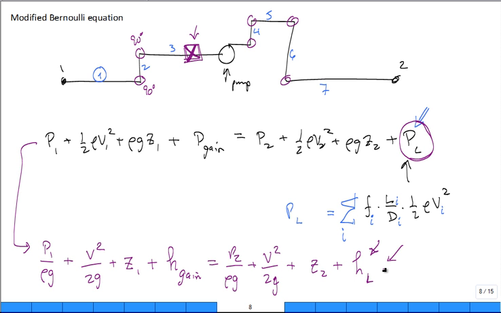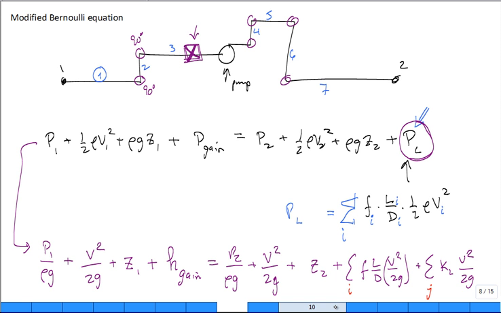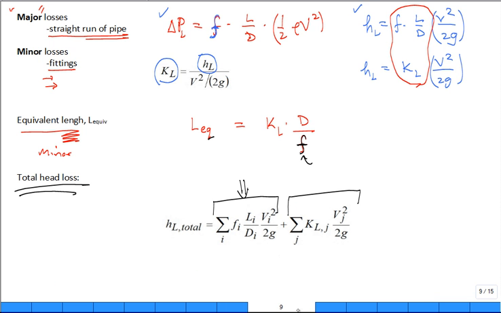The sum, okay? If you want, I'll just write it out. It's the sum of the friction factor L over D V squared over 2g's plus the sum of the K_L V squared over 2g's. And you put a lot of subscripts. Sum over all the i's, sum over all the j's. How many straight runs you have, how many fittings you have. Can you see how useful this might be to mechanical engineers designing fluid flow systems? Very useful, right? So there's your total head loss.